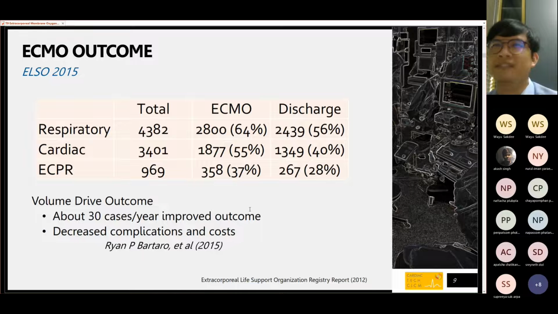I worked at many centers, like Ramathibodi, Bumrungrad Hospital, and Thammasat University Hospital, but totally, in my experience, less than 10 cases a year. Okay.